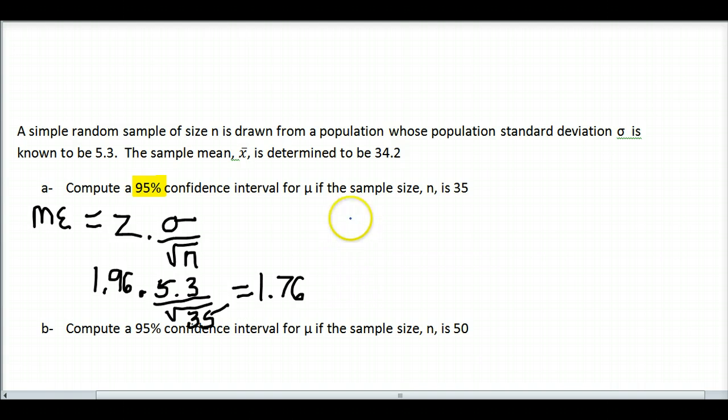Now, in order to find my confidence interval, I want to take the mean and subtract my margin of error to get the lower endpoint, or the lower value. So let's see, 34.2 minus 1.76 is 32.44.